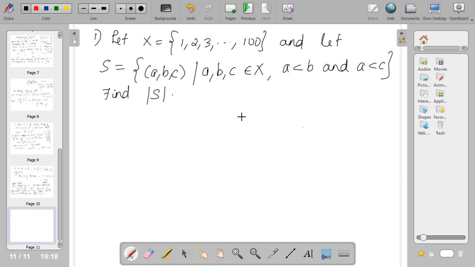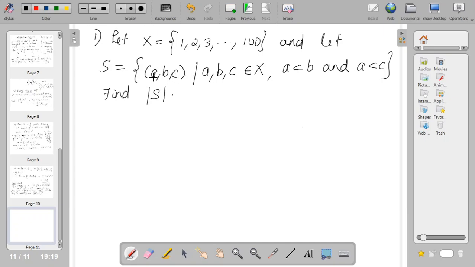Our aim is to find out the cardinality of S. Now S is the set of all ordered triplets such that the second and third element must always be greater than A. So the second and third element are strictly greater than A, and there is no condition upon B and C. B and C can be distinct, they can be equal, that's not mentioned here. So B and C can be equal.